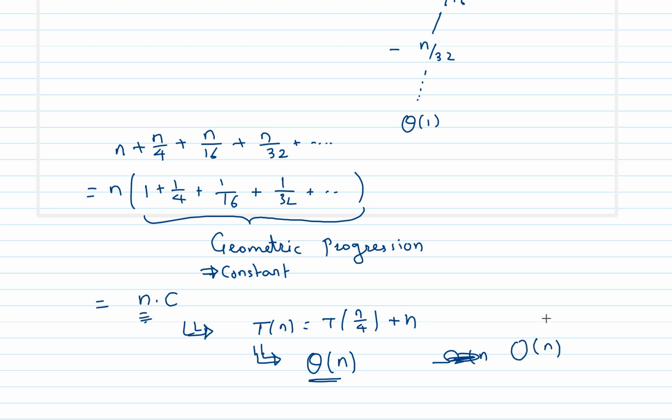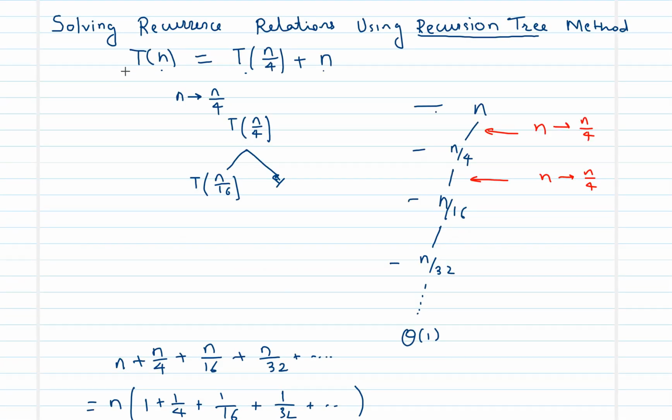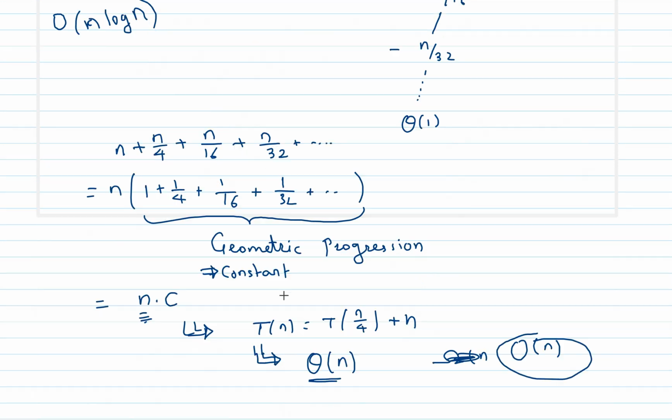But the problem with the recursion tree method is that this is a very simple recurrence relation which we can solve directly by substituting, and we may get big O of n log n with our actual substitution method.